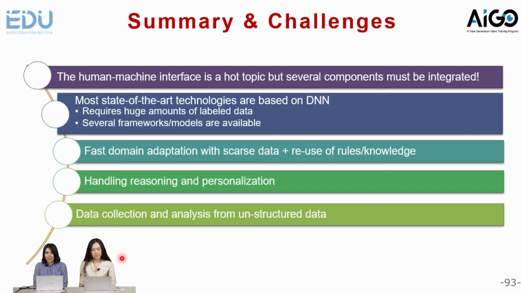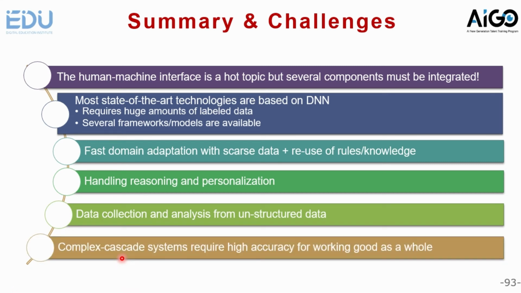And data collection and analysis is very important, because you need to analyze your data first, and you will know how to collect good data. If you have good data, probably in the first version of your system, you will have a very good system, and you can improve it continuously and more easily.